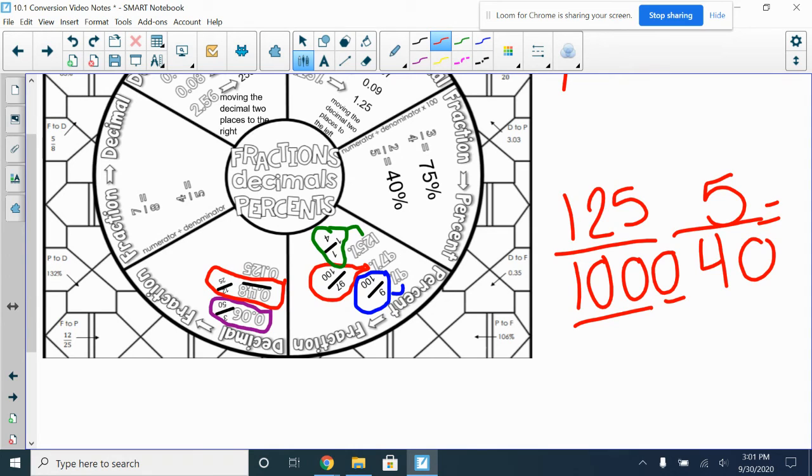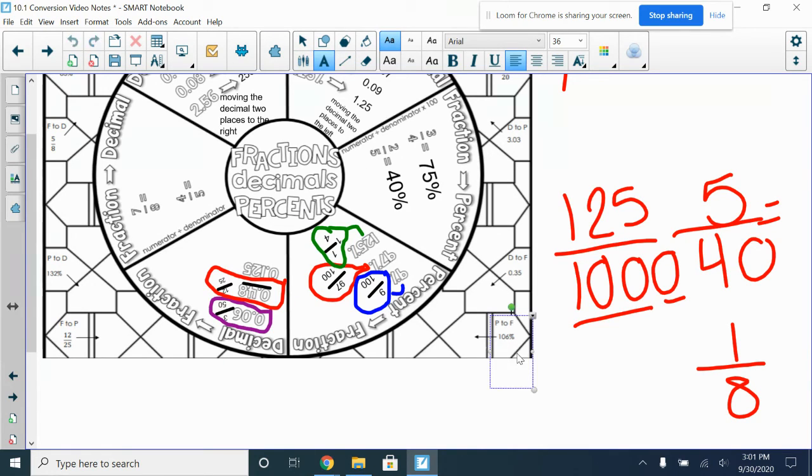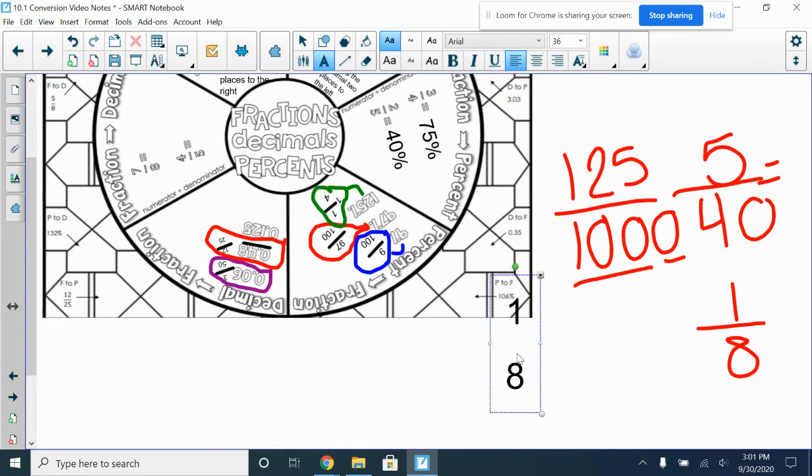I can still simplify that. I can pull 5 out of both of those. 5 goes into itself 1 time, and 5 goes into 40 8 times. So I am left with, what did I do wrong? Nope, nothing. 1 and 8. So I am going to say 1 over 8.